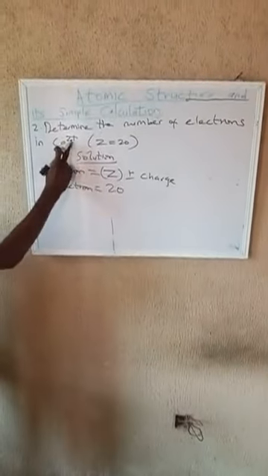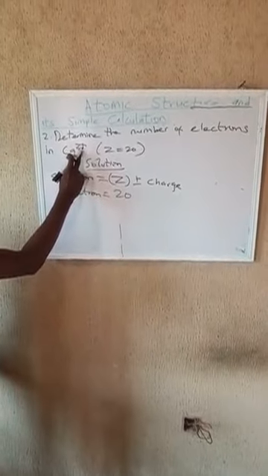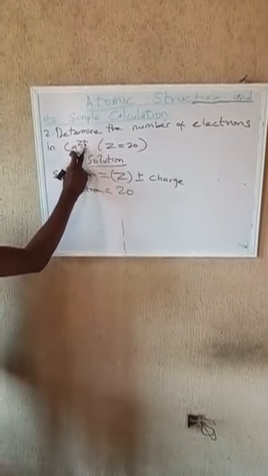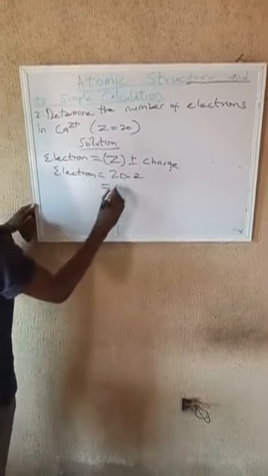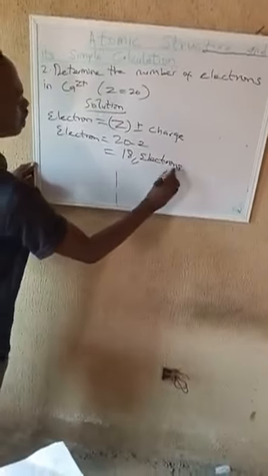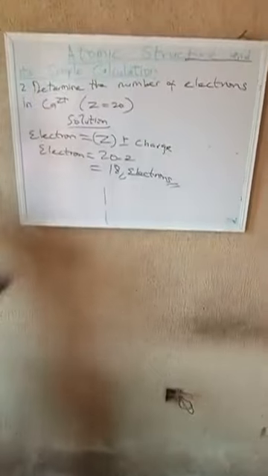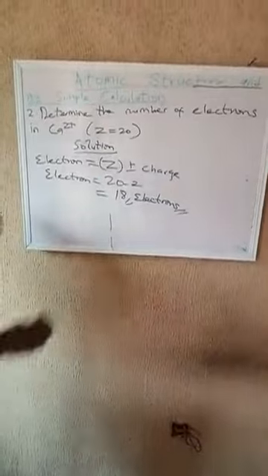Don't forget, it is cation. And the charge here is 2 plus. That means it has lost 2 electrons. So if I minus 2, the electron will now be 18. As a result of losing 2 electrons, it is having 18 electrons left.